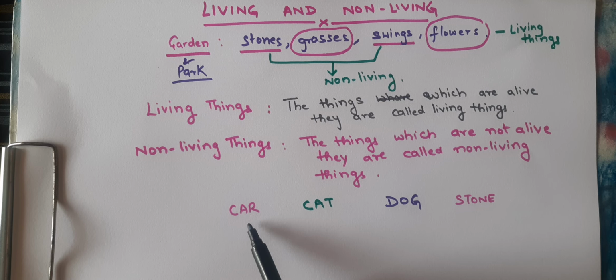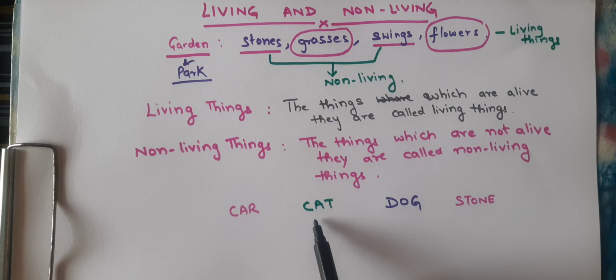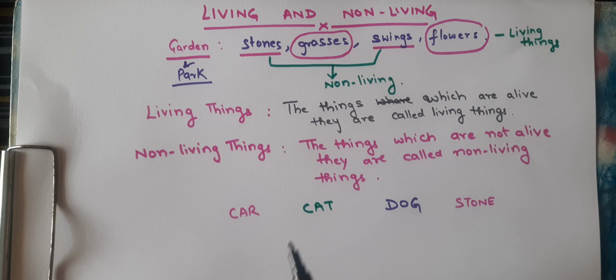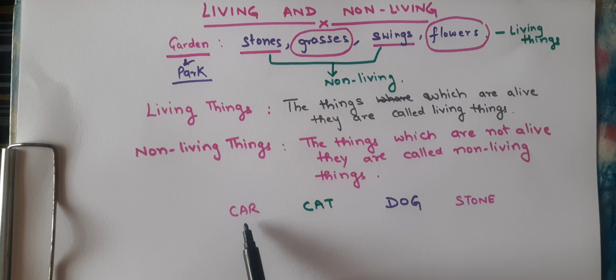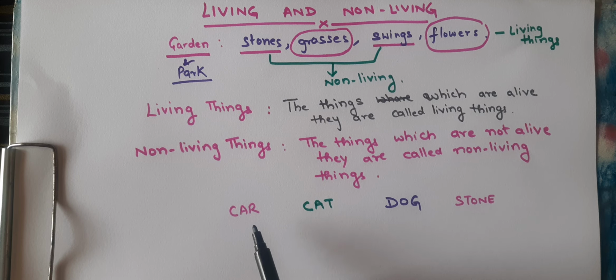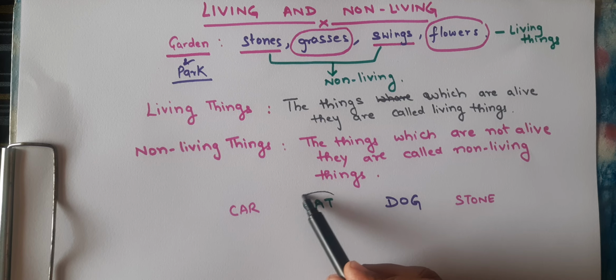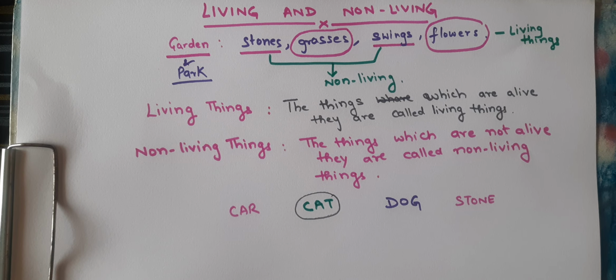See, the car can also move, and the cat can also move. So how can you differentiate, if both are moving, whether the car is a living thing or non-living thing? Because if you purchase a car, it will not grow in size. It will remain as such after 10 years also, but the cat will increase in size with the growing years. So this is a living thing.